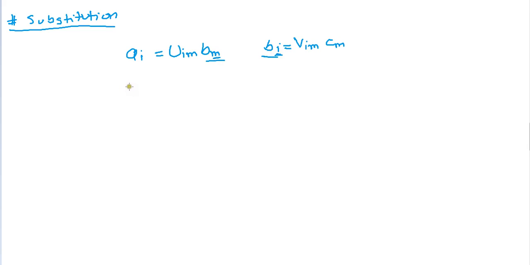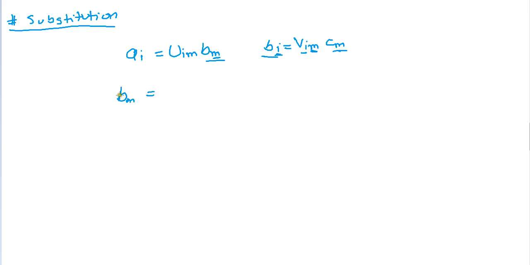So for example, we can write this way: B_m, so we replace i with m and m with n, right?